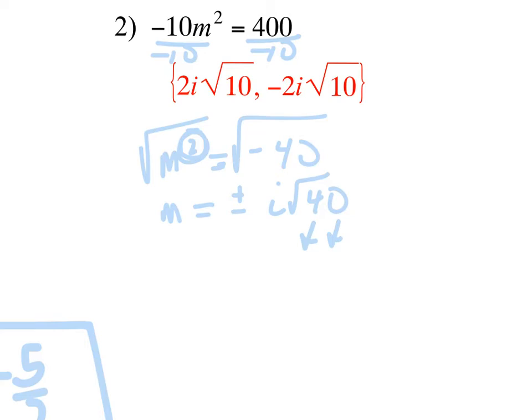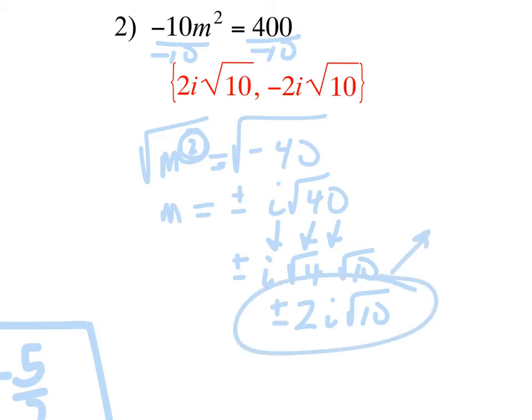Alright, what can go into the square root of 40? We have 4 times 10. Don't forget you have an i value there, and we have plus or minus in front. The square root of 4 is 2, so now I have 2i times the square root of 10, with my plus or minus. And again, the plus or minus simply means that one answer is positive and one answer is negative.